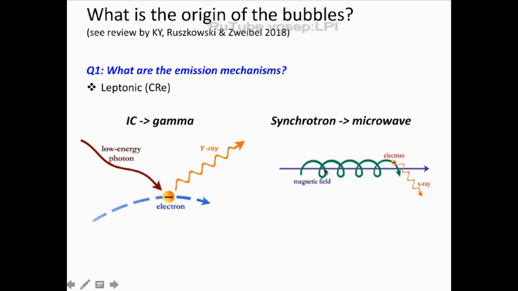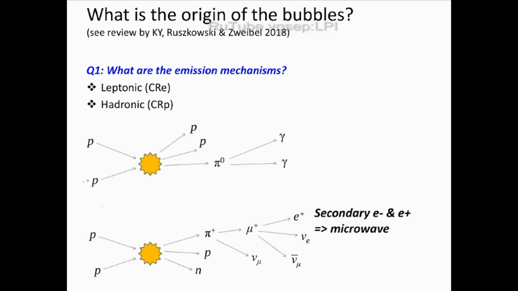At the same time, these cosmic electrons can then emit microwave haze emission due to synchrotron radiation. Alternatively, the gamma ray can be produced by pp collision, the hadronic process, and due to the pion decay process, we can have secondary electrons and positrons that can then emit in the microwave band.